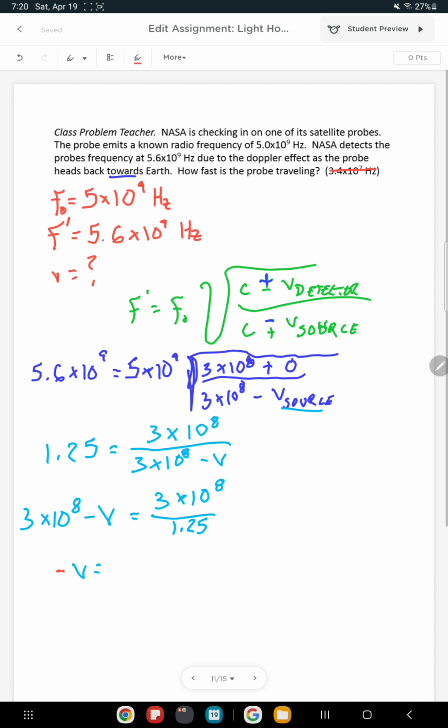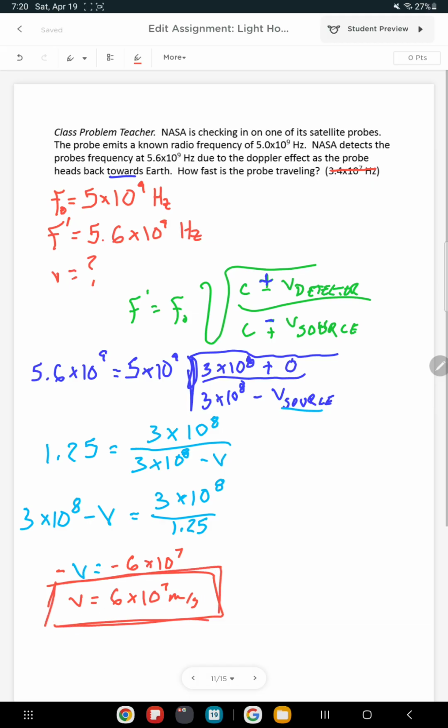So we get a negative v, which equals negative 6.0 times 10 to the 7th. And then the negatives go away, so v equals 6 times 10 to the 7th meters per second, which is ridiculously fast. We are not there yet, just to put that out.